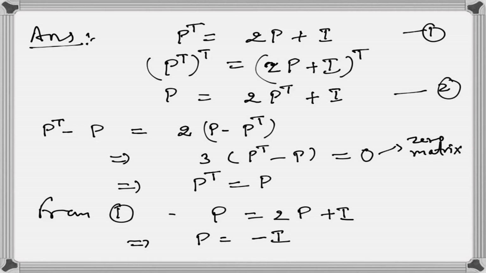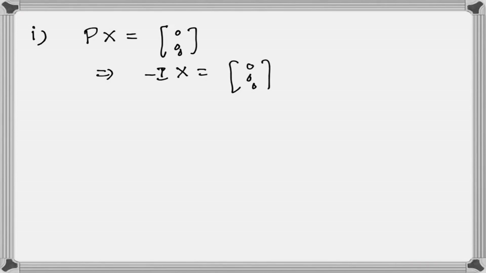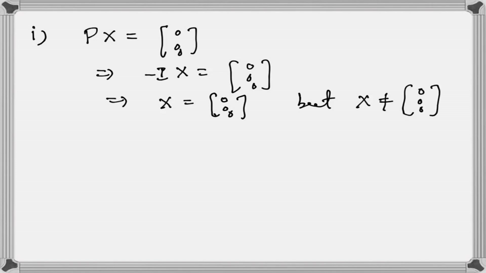Okay, now let's check which options are true. The first one is Px is equal to 0. This implies that P is minus I, so minus Ix is (0, 0, 0), and this gives x as (0, 0, 0). But x is given to be non-zero, so this implies 1 is not true.